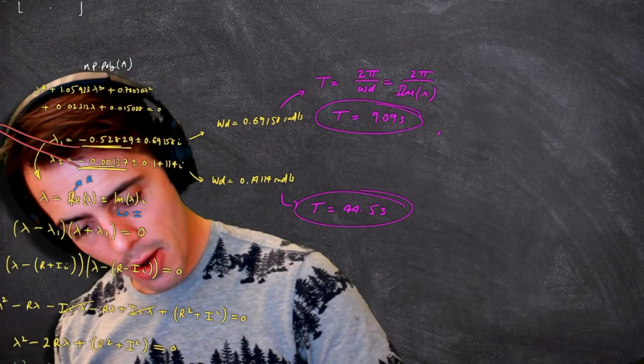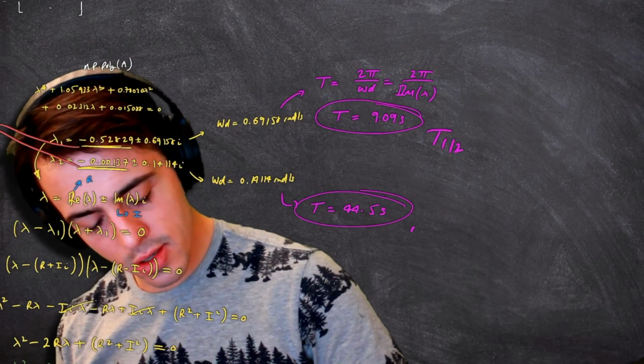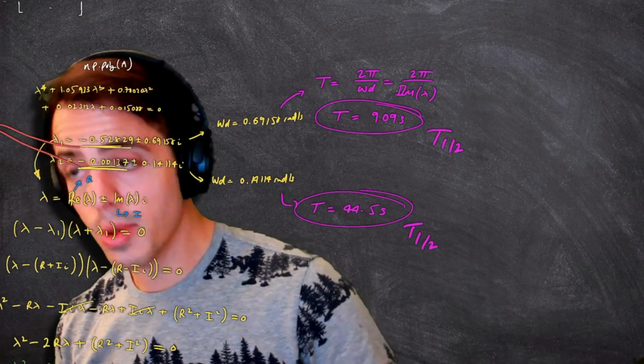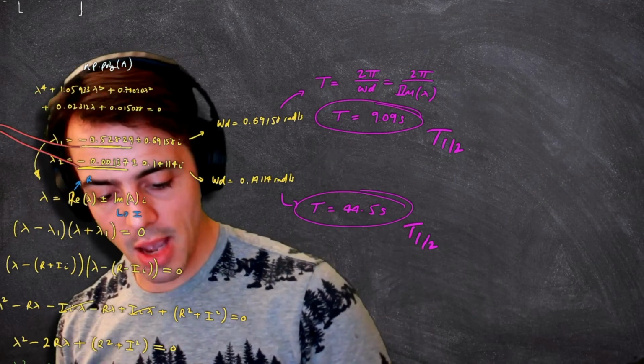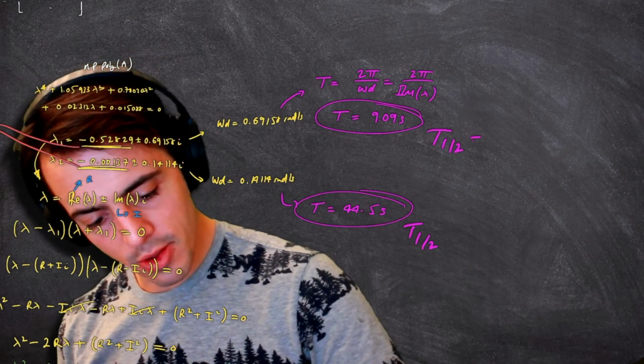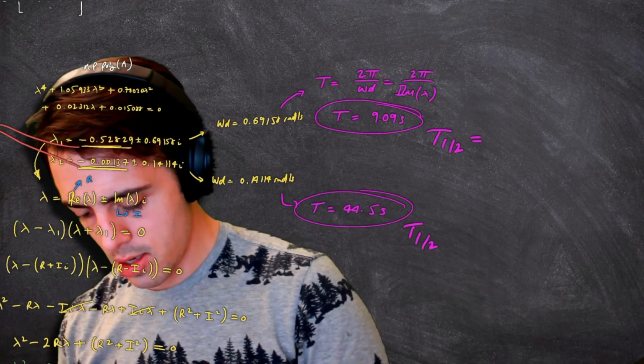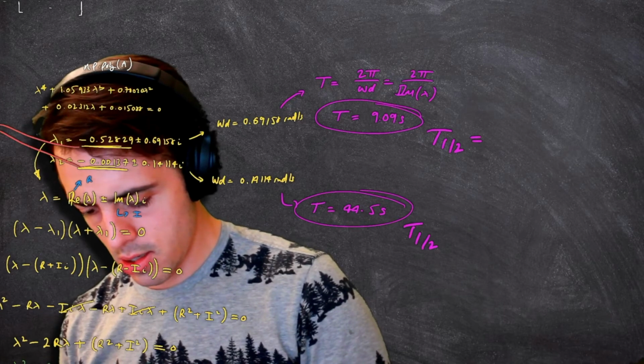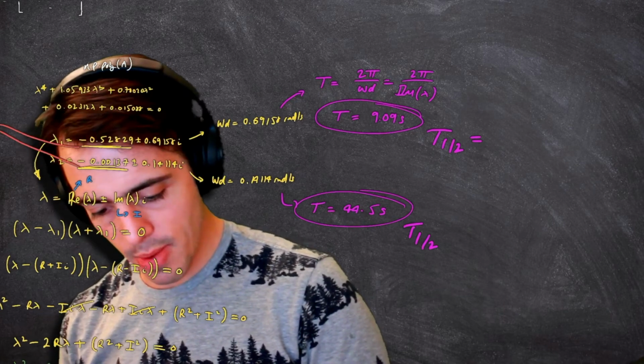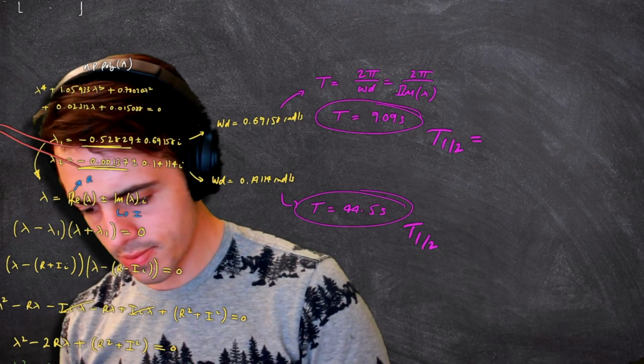Let's say they're both going to have a time to half amplitude because they are both stable modes. So the time to half amplitude for the short period mode is going to be 0.69 divided by 0.52829.